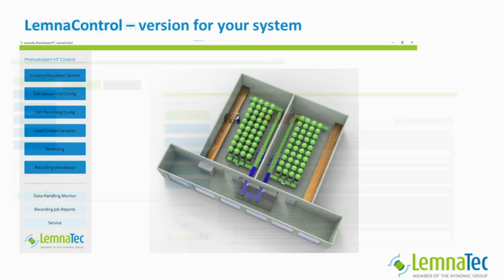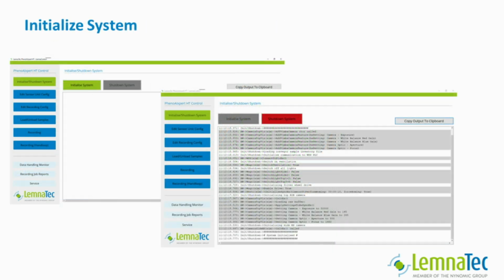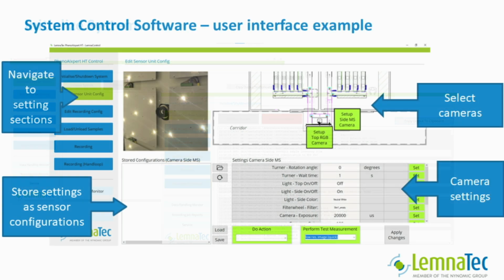To start working with PhenoAIxpert HT, press the Initialize System button in the control software. Before imaging, it is required to do configurations for the used cameras and sensors in the system. Therefore, the control software has a page where you can give in settings according to the camera's functions. Here, it is also possible to do light settings.